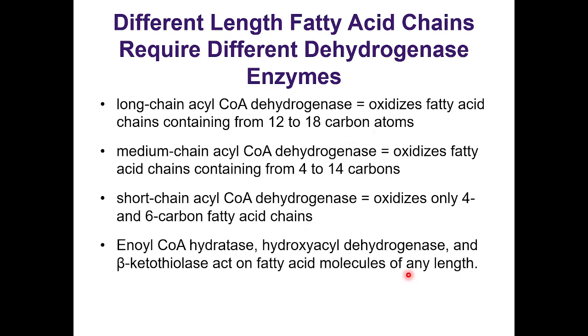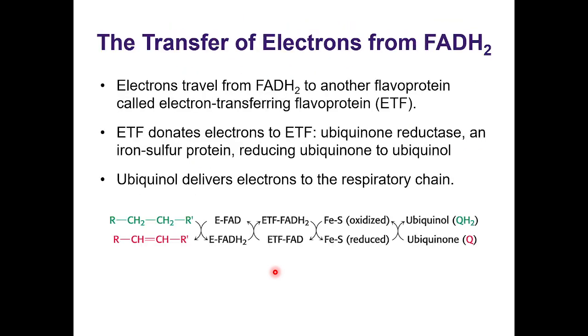The enoyl-CoA hydratase, hydroxyacyl dehydrogenase, and the beta-ketothiolase act on fatty acid molecules of any length. So for these parts of the process, it doesn't matter how long it is. It has to be more than 2 carbons, because if it's 2 carbons, what would it be?